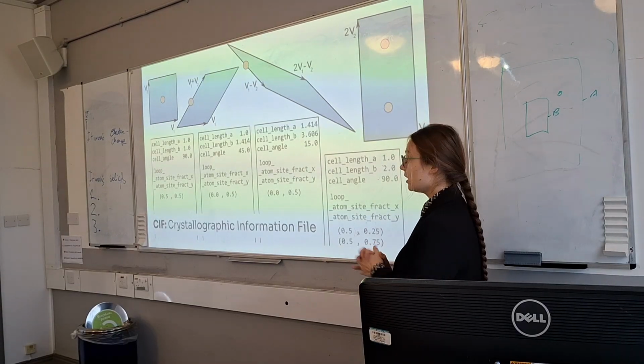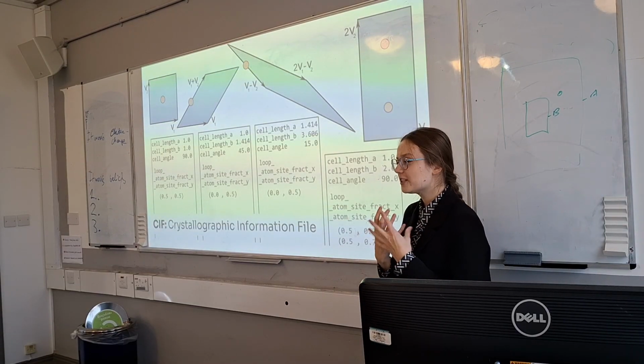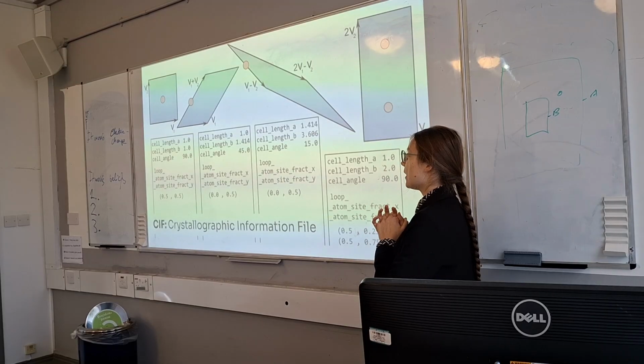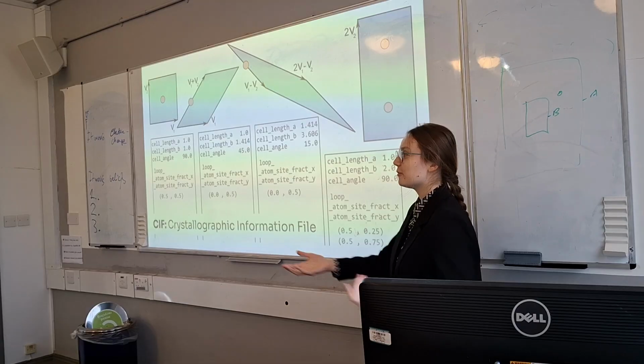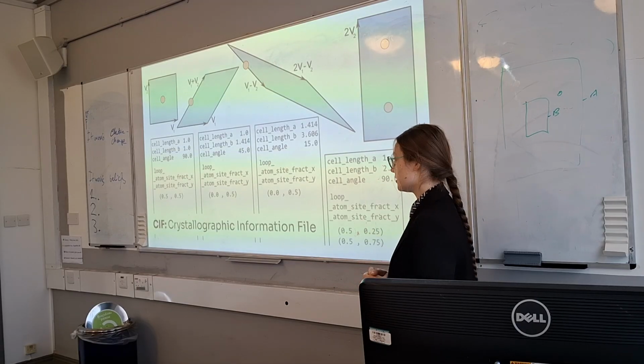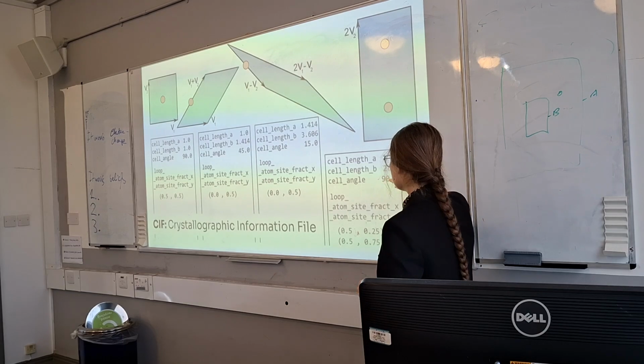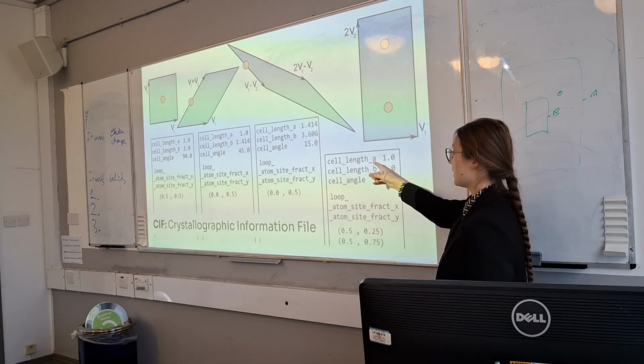So in crystallography, how do they actually store these crystals? Storing an infinite class is difficult, so they store files of the unit cell. In these files, they store the unit cell as lengths.